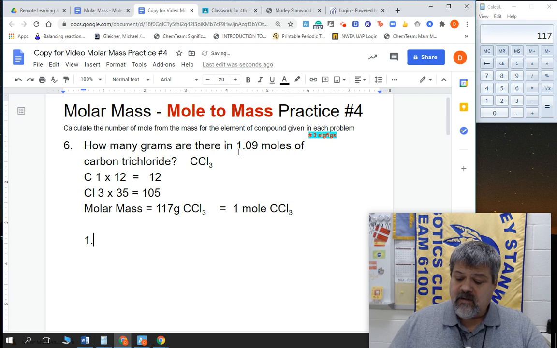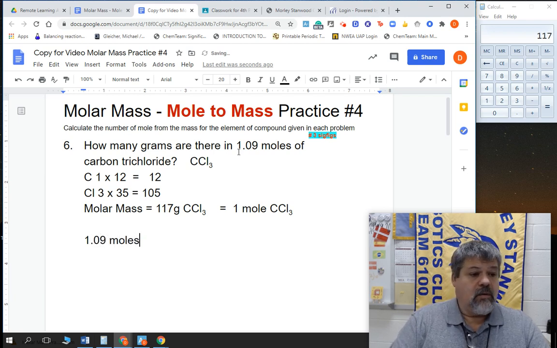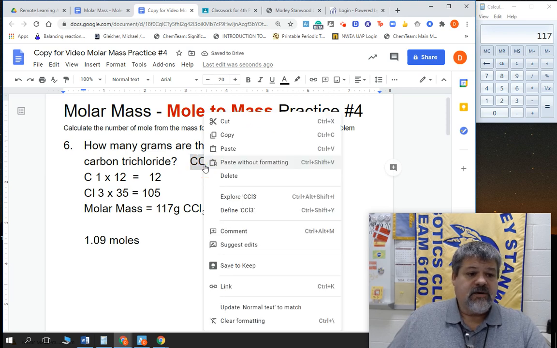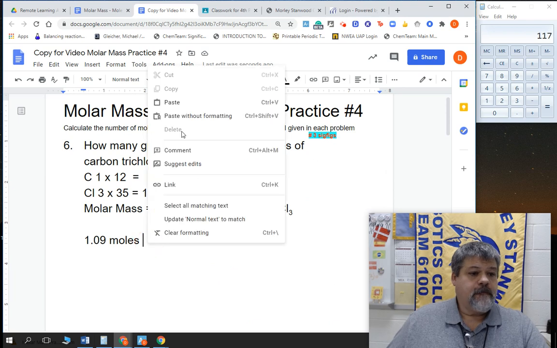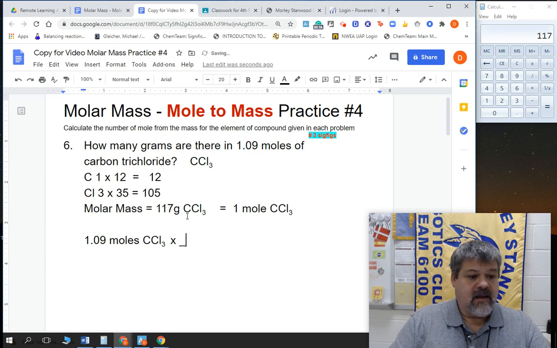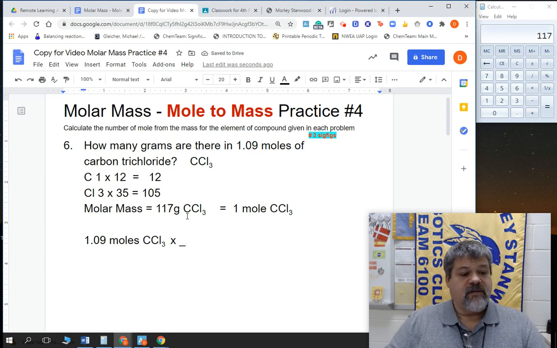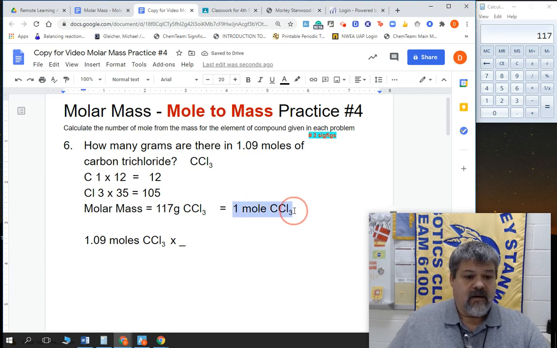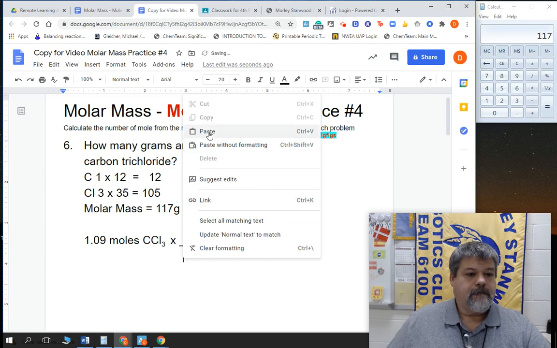So we're going to start out with our number that we have. We have 1.09 moles of carbon trichloride. So we're going to copy that and paste it right here. Okay, and then as always, we're going to put our times in a line. And we're going to put moles on bottom because we have moles here on top. So I'm going to copy this, scroll over to get to the bottom, and paste it right there.